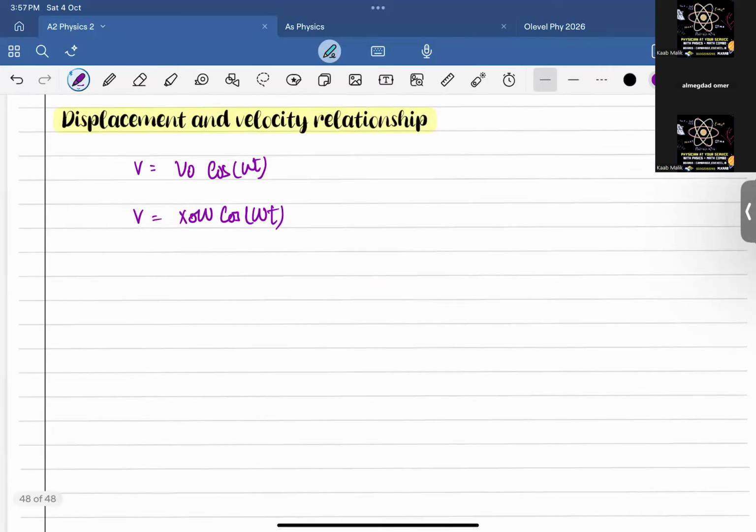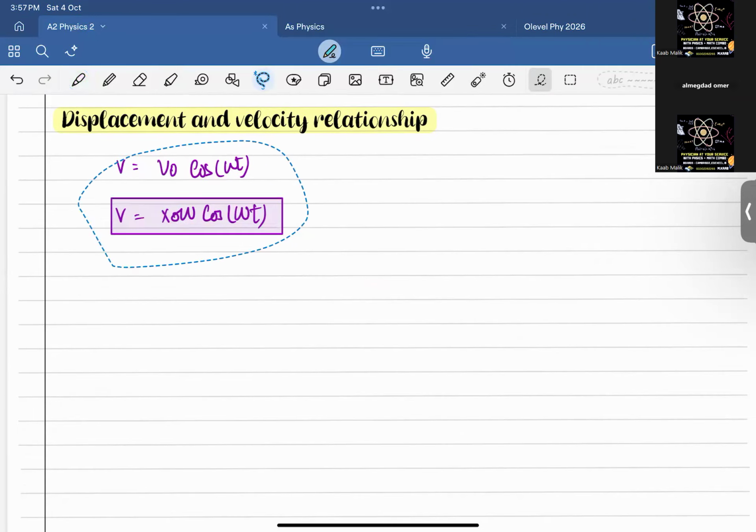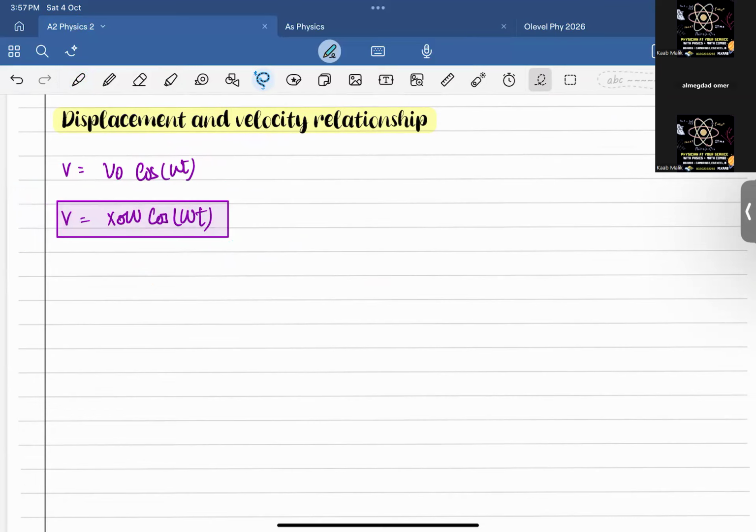Now, after the substitution, we will get this form, which you should remember and know how to use. The form is basically v equals plus or minus omega times the square root of x naught squared minus x squared.